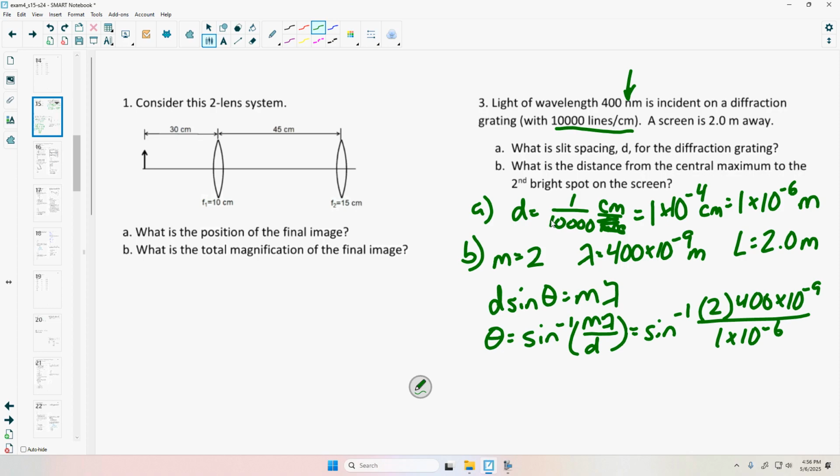Check my mode. I'm in degree mode. Look at that. The inverse sine, be careful with your order of operations, especially if you don't have the EE button.